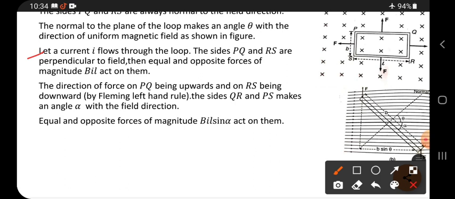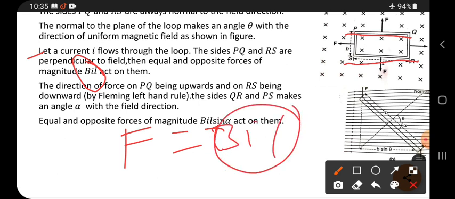Let a current I flow through the loop. The sides PQ and RS are perpendicular to the field, so equal and opposite forces of magnitude BIl act on them. So the perpendicular force is BIl.